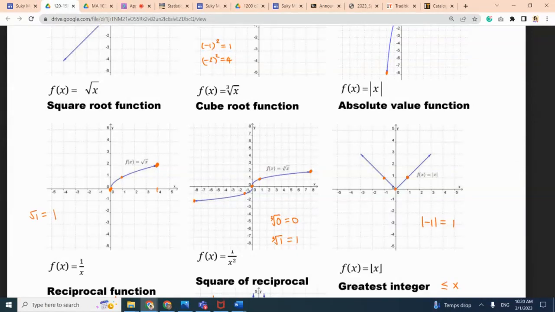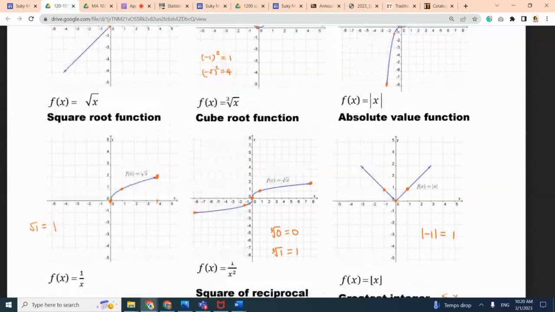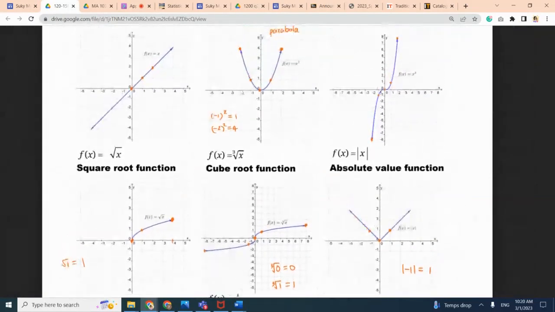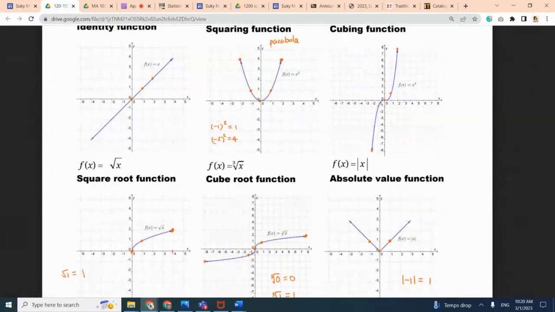And then cube roots. How many key points? 5. They are (0, 0), (1, 1), (8, 2), and their negatives. Later on, when we talk about inverse functions, you'll see these two graphs are kind of similar. It's like you flip this graph across the line y equals x.